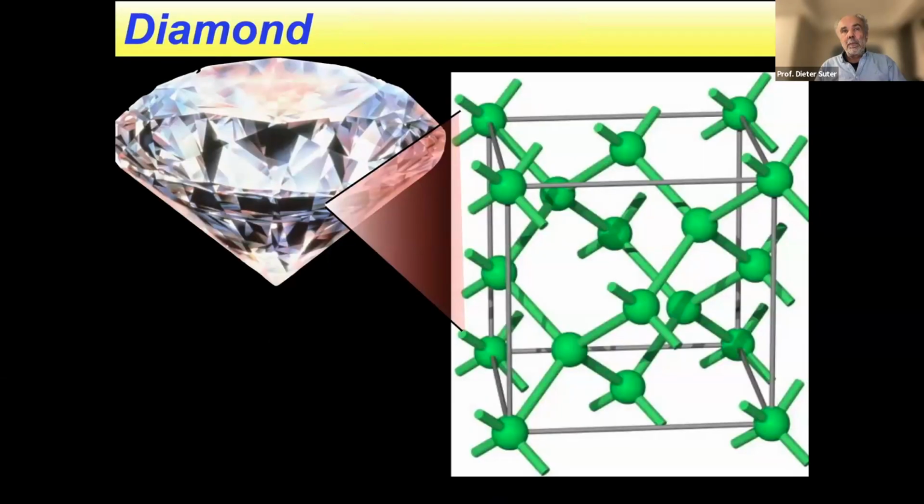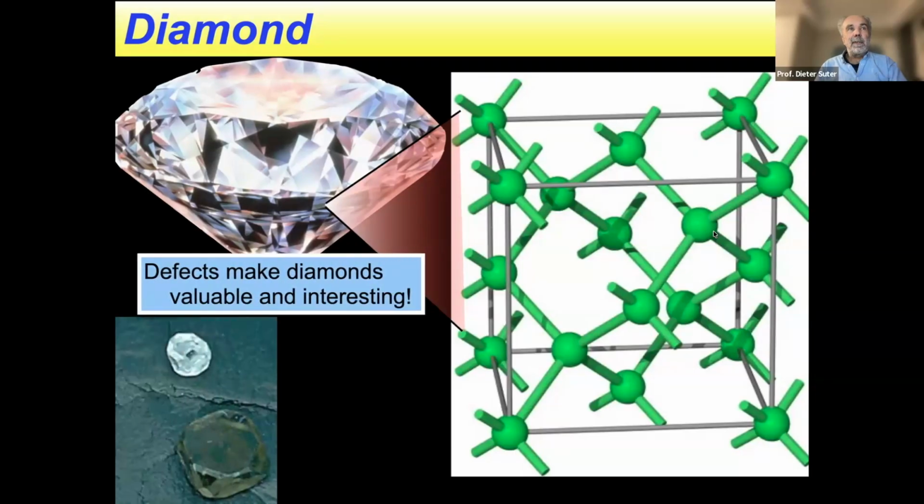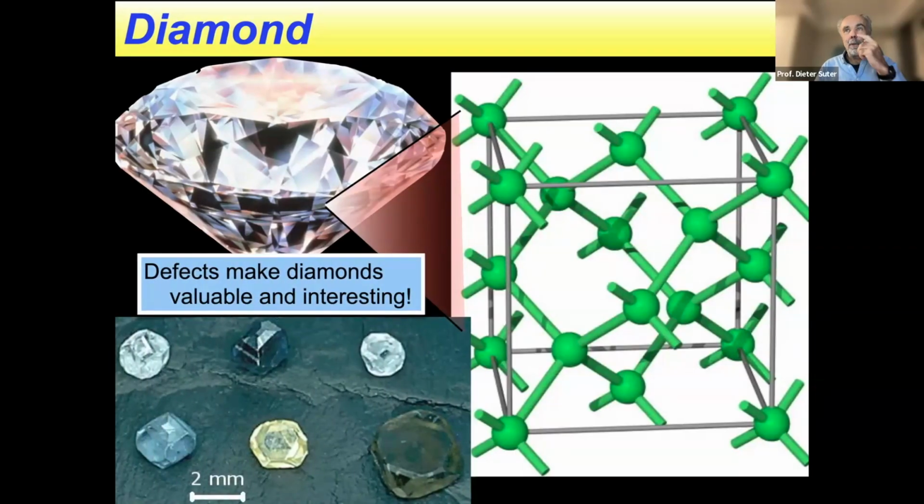So diamonds are nice, but they're also pretty boring. If you look at diamond, you just have carbon atoms in a very regular lattice, and they don't really interact much with lasers, at least not in the visible range. If you want something interesting, you need so-called defects.